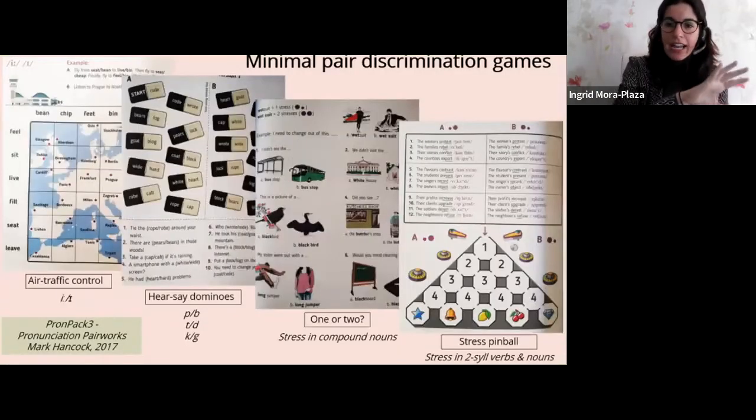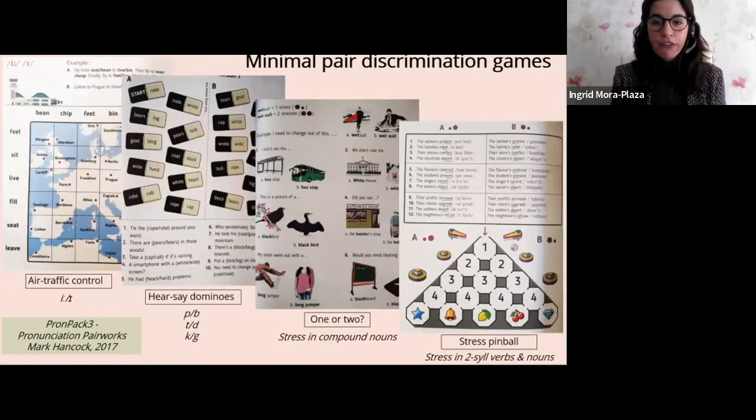Now, outside the academy, Mark Hancock, for example, proposes a great variety of information gap, minimal pair discrimination games to teach difficult L2 sounds, which despite not having been tested in research, actually seem to raise learners' awareness about pronunciation.